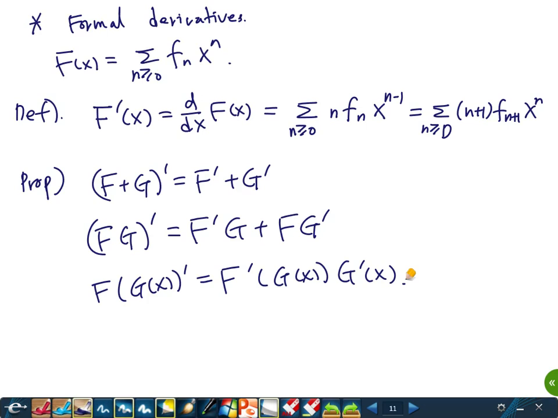Any questions about this? I'm not going to prove this. It's an exercise. So because of this, these are comparable with the usual properties or definitions in calculus. You can use things from calculus because they are also satisfied in this formal language. This is one of the useful features of generating functions. You can use many useful properties.